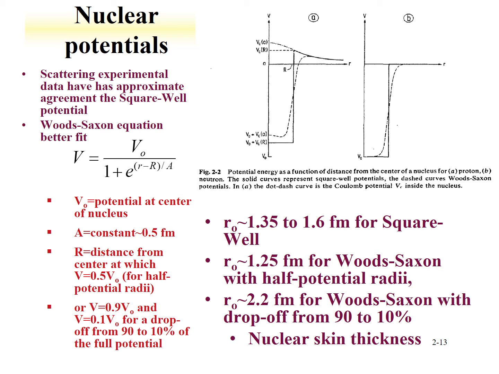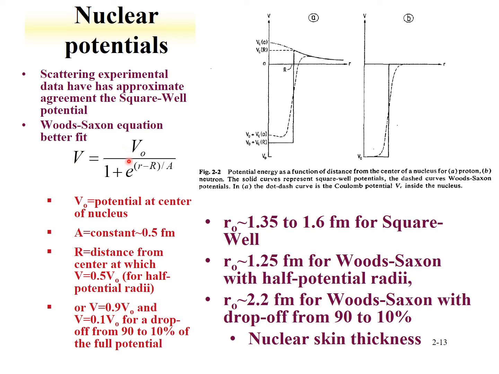Now, the data actually seems to point to a Woods-Saxon fit. And this is the dashed line. The difference is that with the square well, the distance here is a little bit smaller at the bottom of the potential, larger at the top of the potential. But the reason you have this is that this Woods-Saxon potential can describe some of the variations in nuclear density as a function of distance from the center of the nucleus.